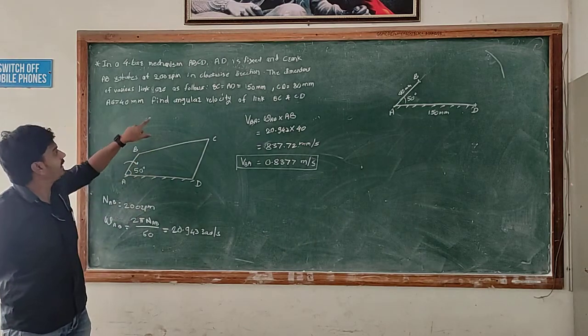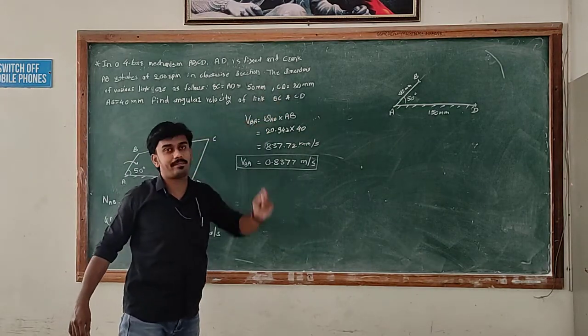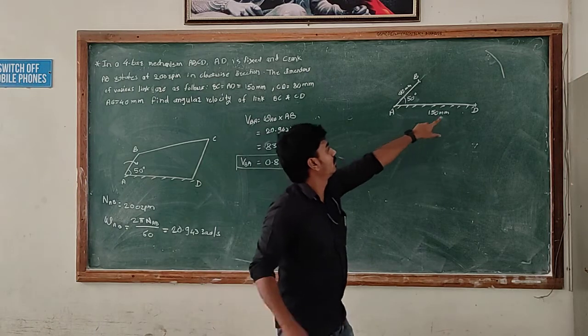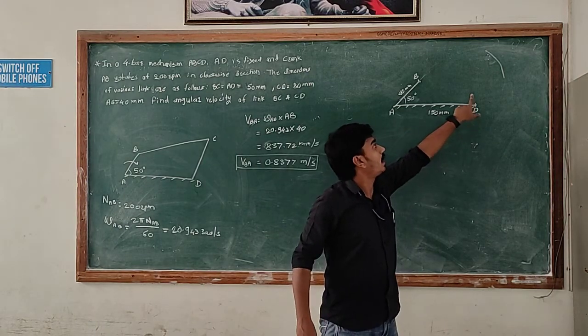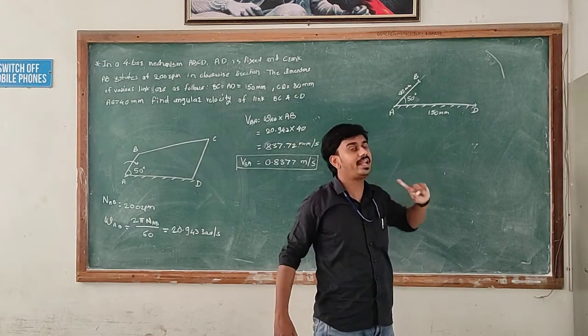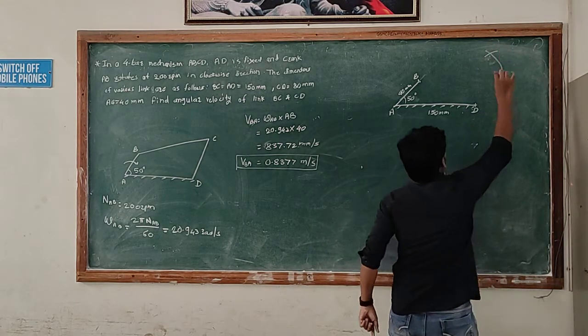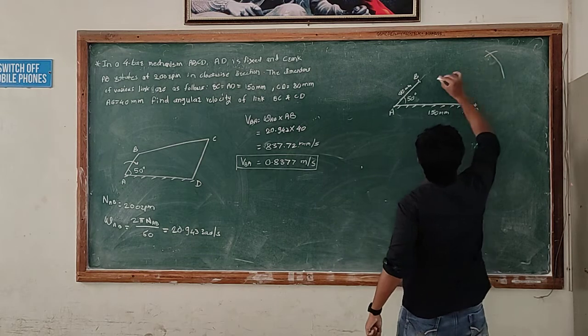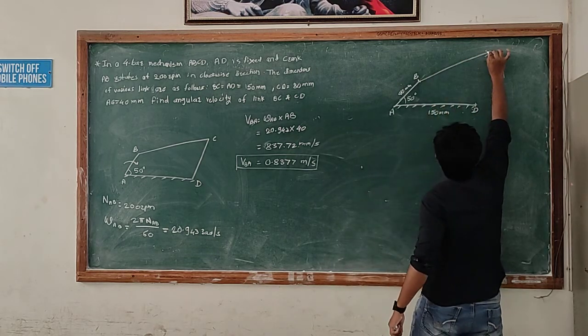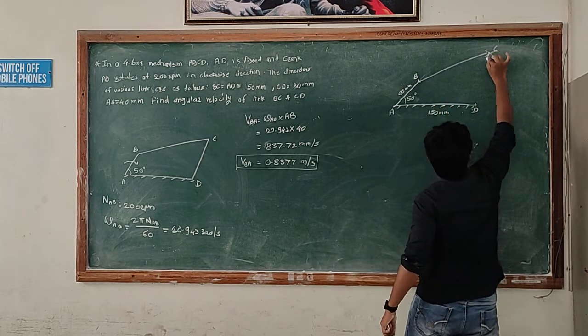Then link CD is given as 80 mm, so from point D, mark an arc at 80 mm. Suppose this is what we get. So this is our arc, and this is our point C.